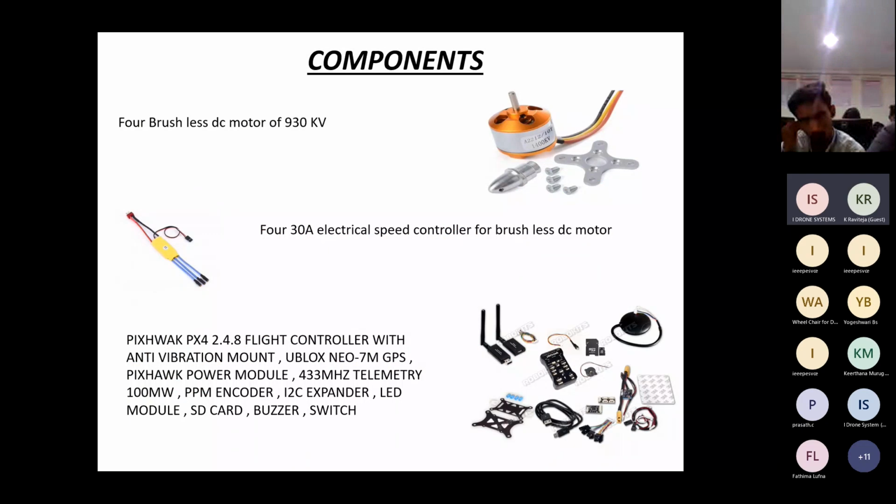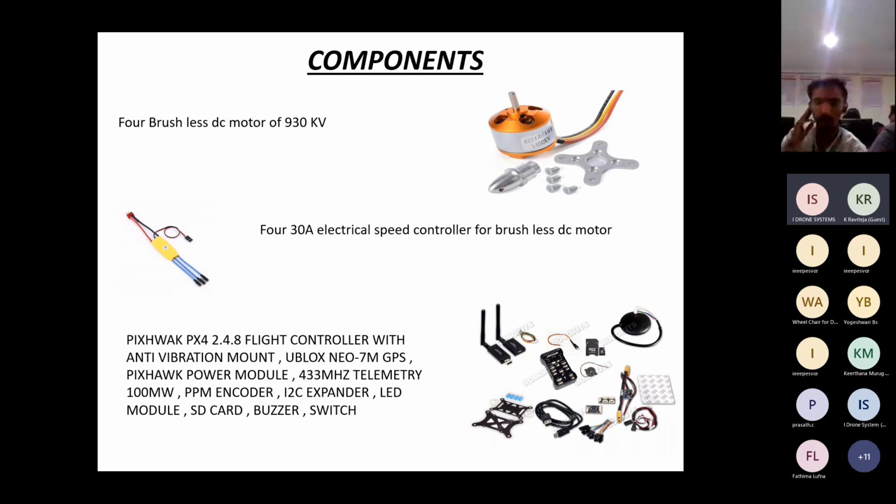And these are our components. The major components we are using to construct our drone are BLDC motors. We are using 930 kV motors, which are used for high throttle, and the torque will be nearly 8 to 11 kg. Coming to the ESC, the electronic speed controller, it is 30 amp.